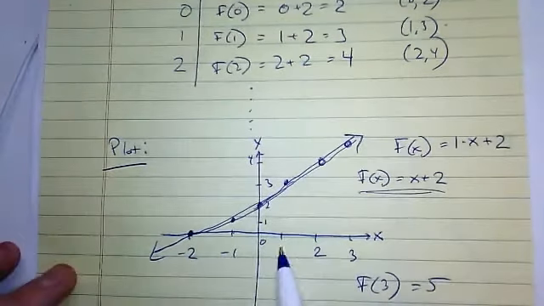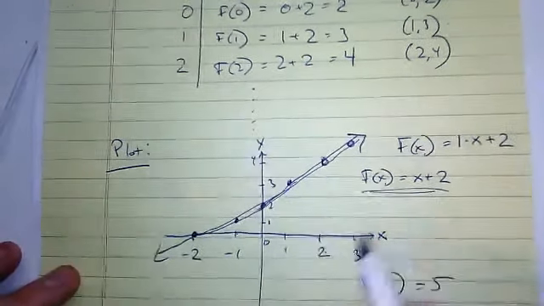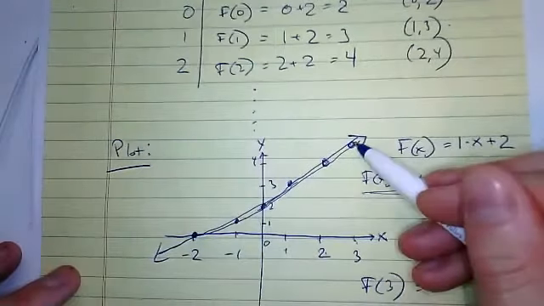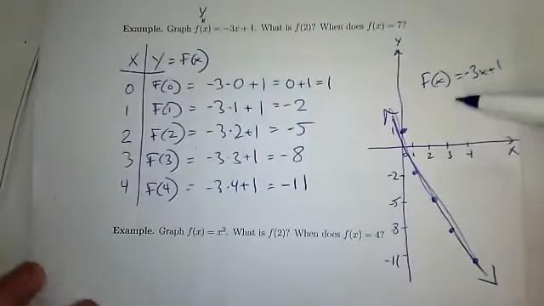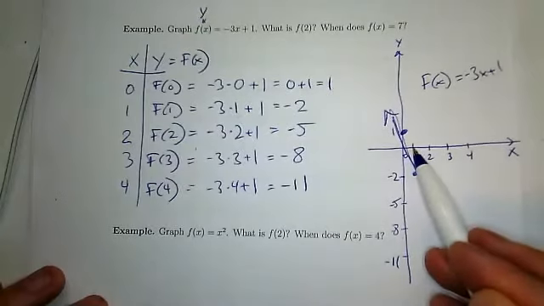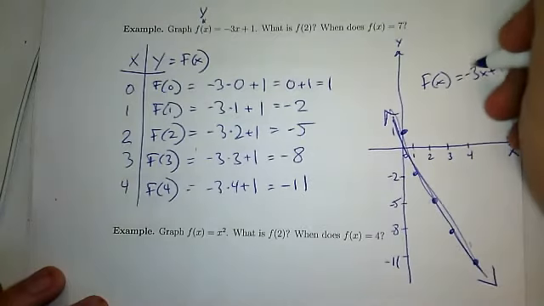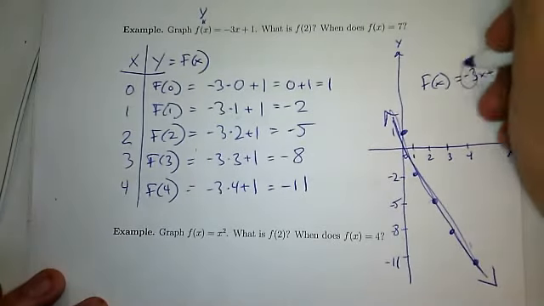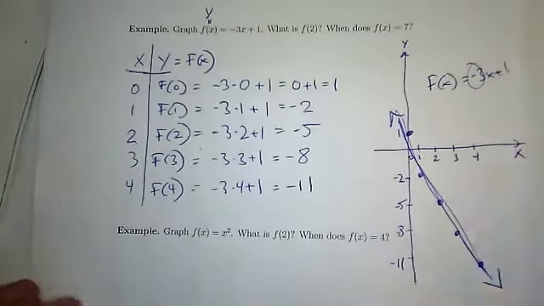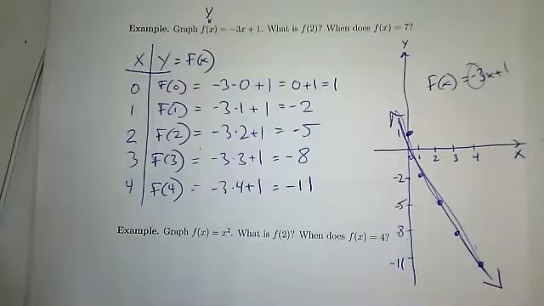So I go over from 1 to 2, I go up by 1. I go over from 2 to 3, I go up by 1. It's the same kind of operation here, except now every time I go over 1 on the x coordinate, I go down 3 on the y. When we do a little more about lines, this is called the slope, and it tells you the rate of change of your function. Everyone's probably heard of the slope, so it shouldn't be too unfamiliar.